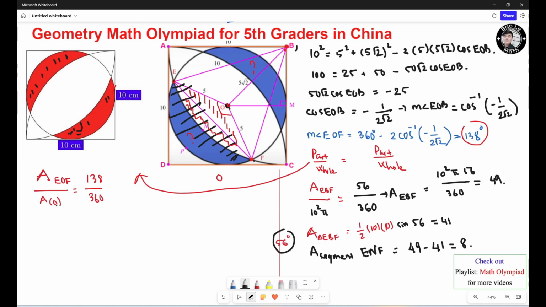The area of the circle O is going to be pi r squared, so it's going to be 25 pi. So the area of the sector EOF equals 25 pi times 138 divided by 360.